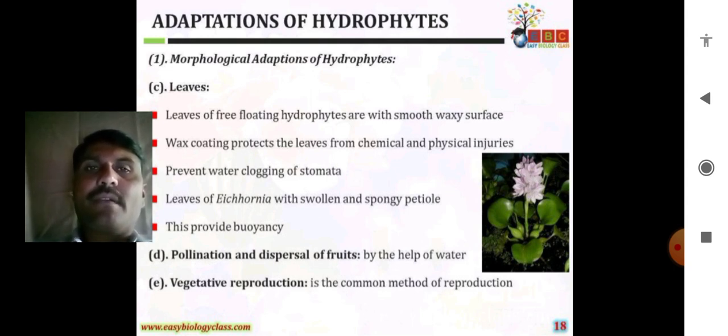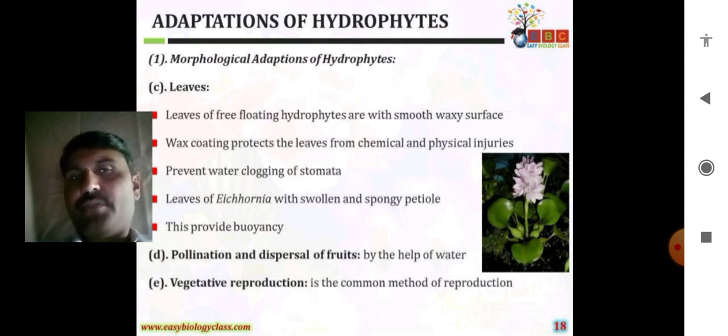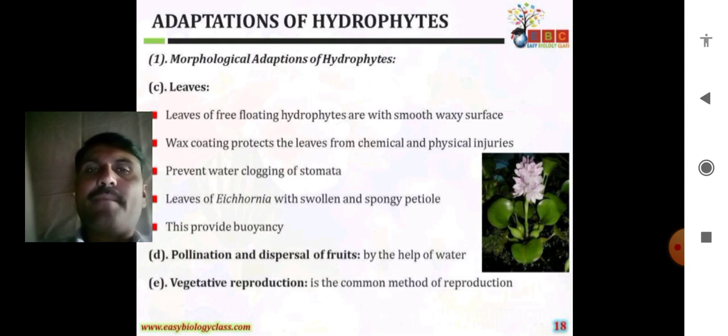Wax protects the leaves from external injuries, both chemical and physical. The wax coating also prevents water clogging of stomata. These provide buoyancy.